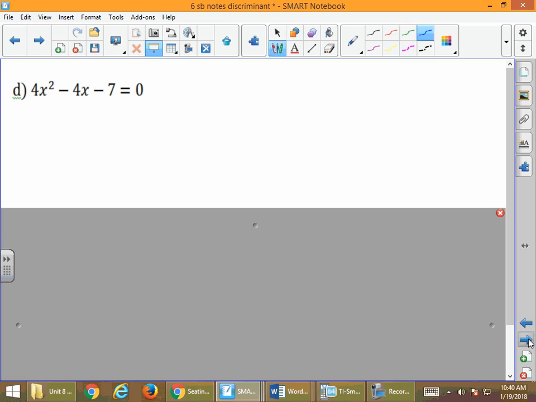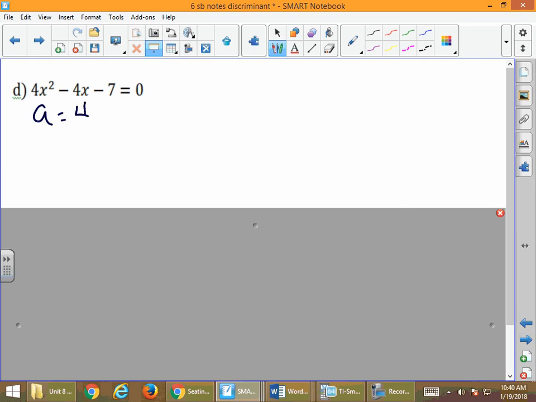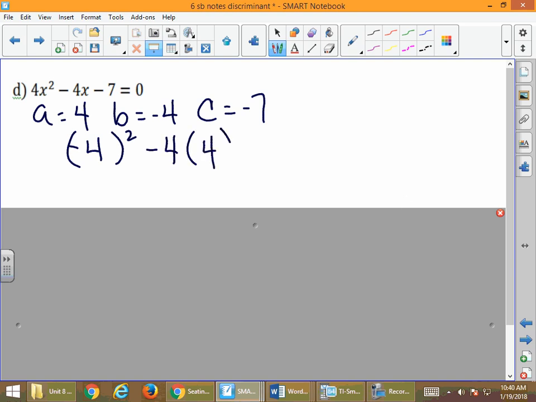When we look at letter D, A is 4 again, B is negative 4, and C is negative 7. Again with the discriminant, just like the quadratic formula, has to be set equal to 0. We fill in b squared minus 4ac. Negative 4 squared. You need parentheses if you're using your calculator. Minus 4 times a times c.